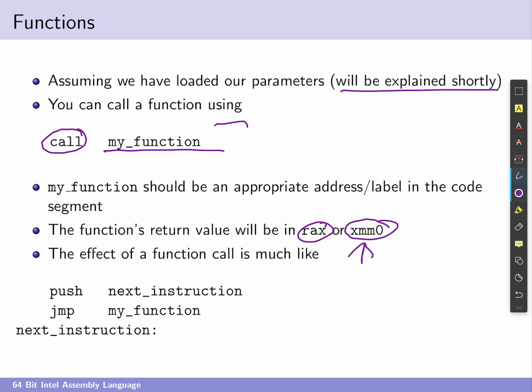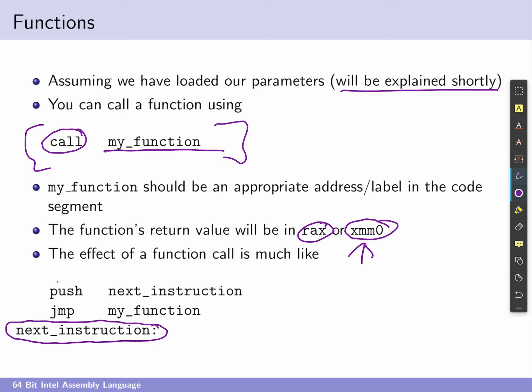So how does this call function actually work? What is it doing? Well, we already discussed earlier how we have to push onto the stack a return address when I actually call a function, so that deeper function knows where to return to once it's completed its execution. So the way in which we can emulate this call with simpler instructions is as follows. I have a label for the instruction or the location in memory just after where I'm about to make my call.